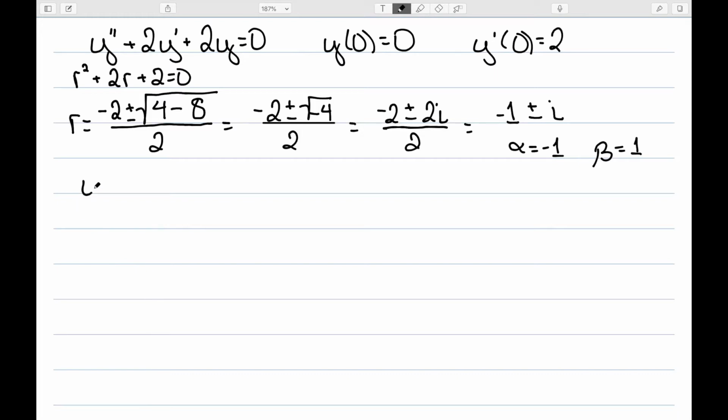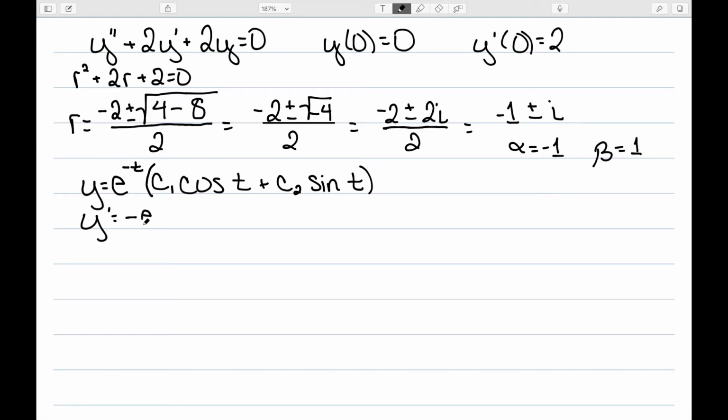So when we write the solution, we have e to the alpha t times a constant times cosine beta t plus another constant times sine beta t. We do want to solve with our initial conditions here, so I'm going to need the derivative as well.